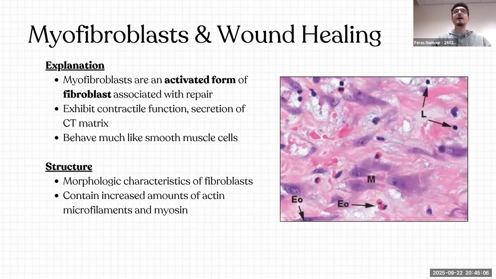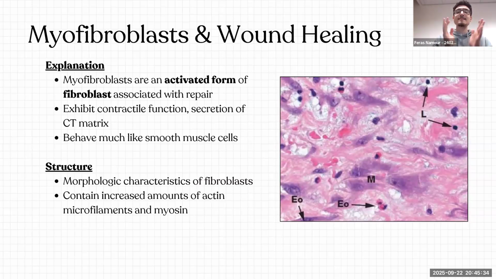Now focus on the myofibroblast, which is a form of fibroblast. So we have the word fibroblast and myo before it. What does myo mean? Muscle. So it's an activated form of fibroblast, and it has a lot of actin and myosin because it has similar behavior to a smooth muscle cell.